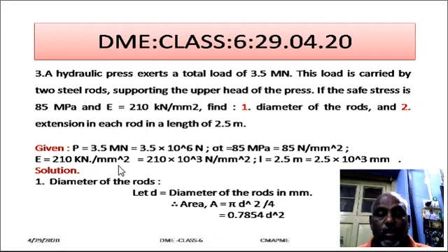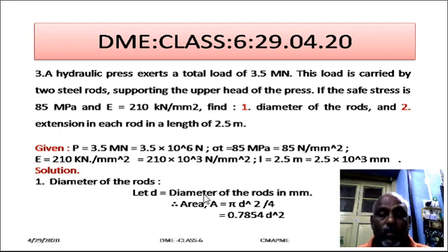Young's modulus is given as 210 kN per mm square, which is 210 into 10 to the power 3 Newton per mm square. The original length of the rod is 2.5 meter, that is 2.5 into 10 to the power 3 millimeter. All linear dimensions are converted into millimeter and kilonewton is converted into Newton.